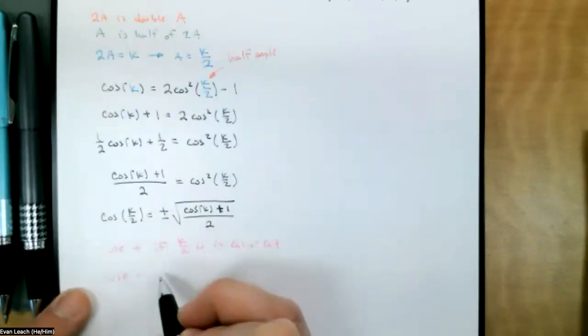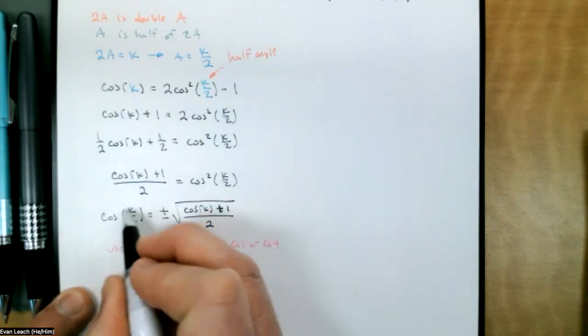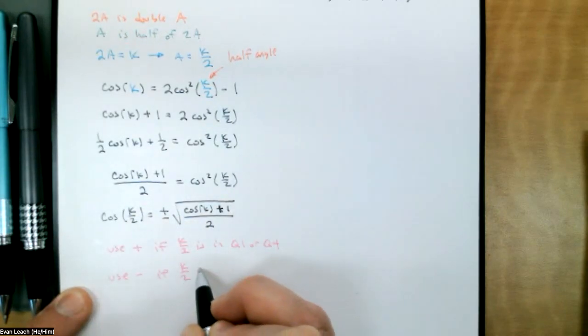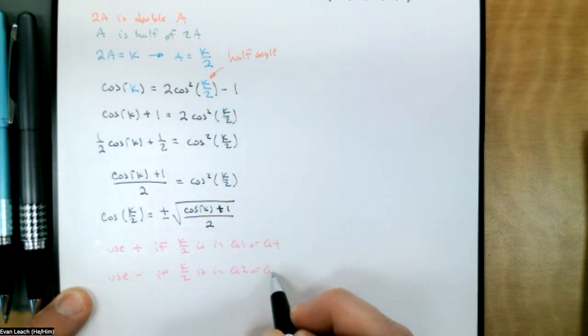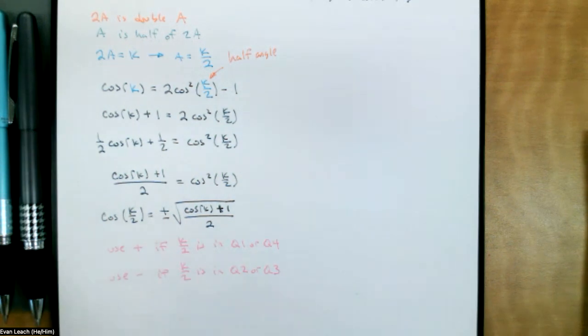Use minus if the angle K over 2 is in quadrant 2 or quadrant 3, where cosine is negative.